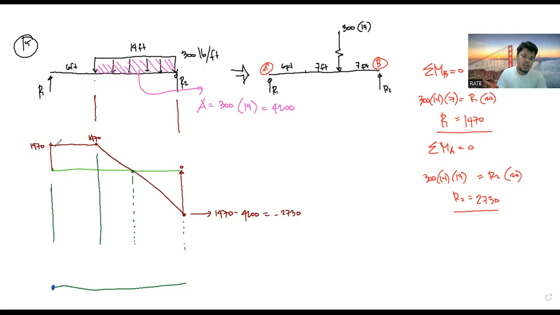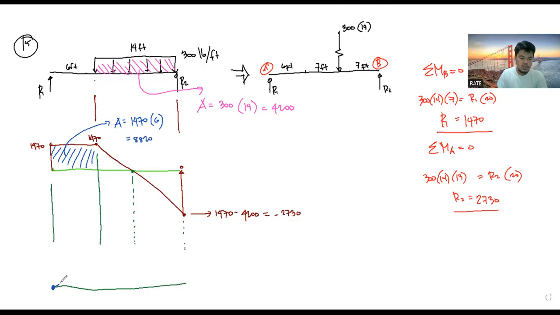Then you consider the area of the first section, which is equal to 1470 multiplied by 6. So this would be 8820.